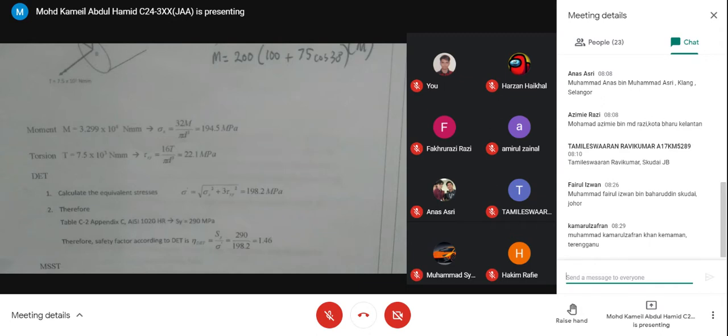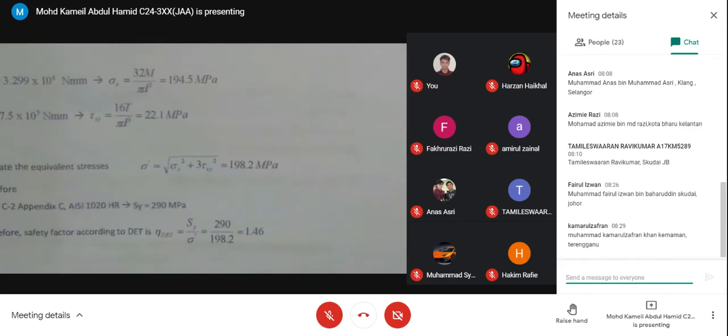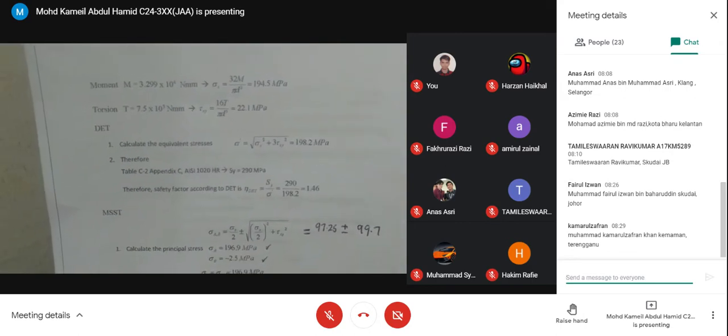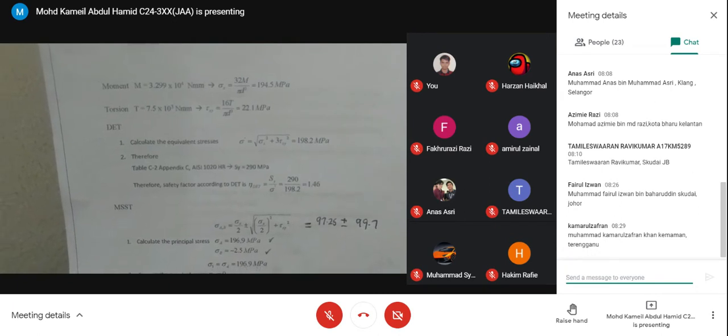Then using the DET formula, SY over sigma prime, you get your safety factor 1.46 for point B.